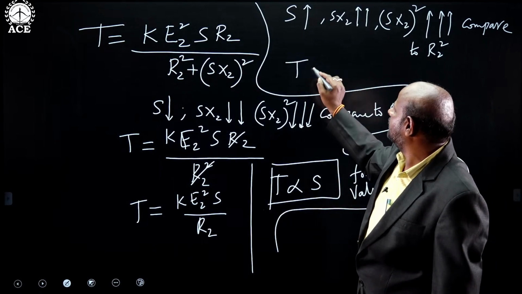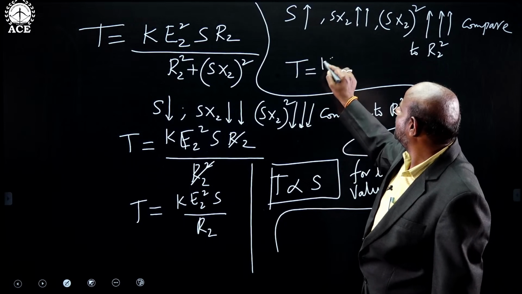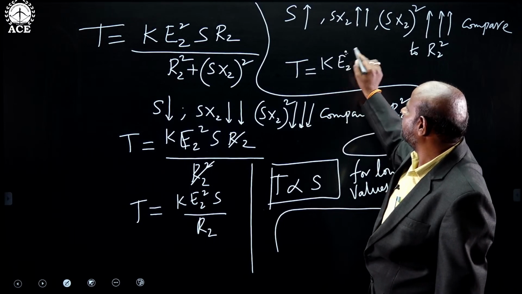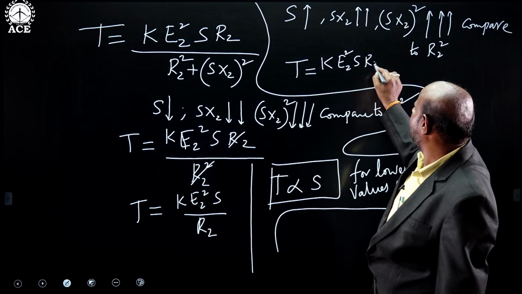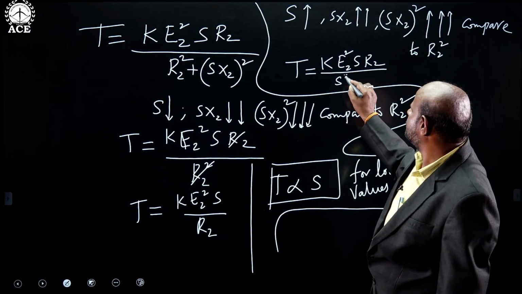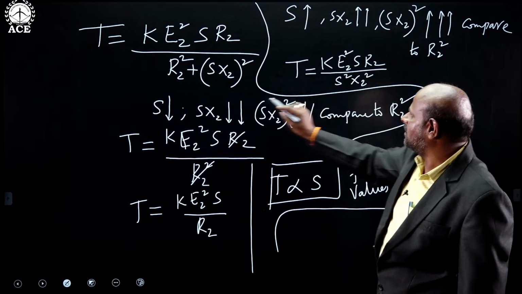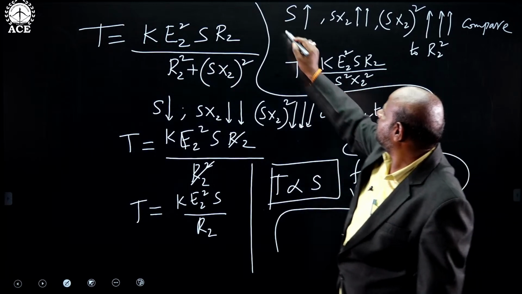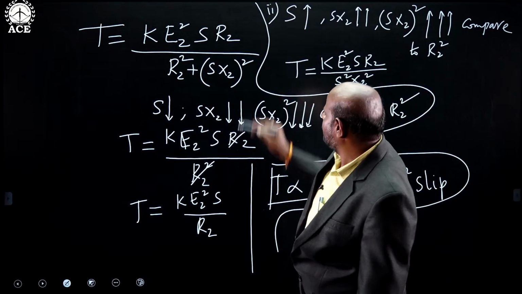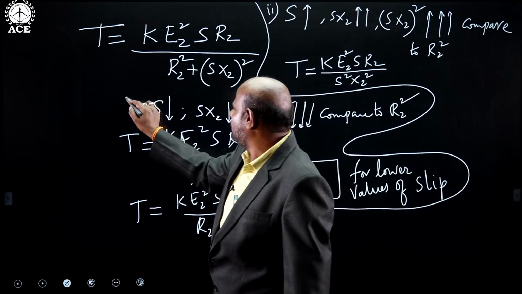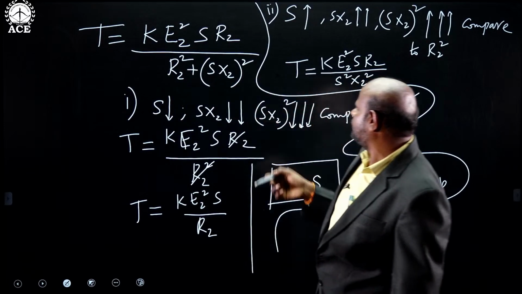Therefore, the torque will be K E2 square S R2 by S square X2 square. Here we are neglecting R2 square, whereas for case 1 we neglected (S X2) whole square.